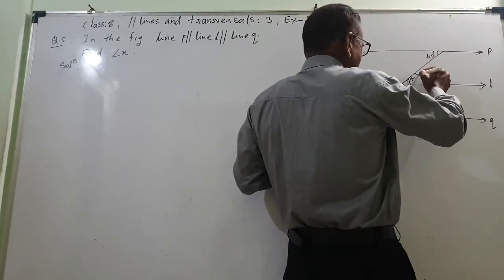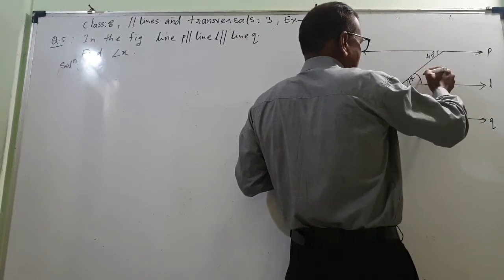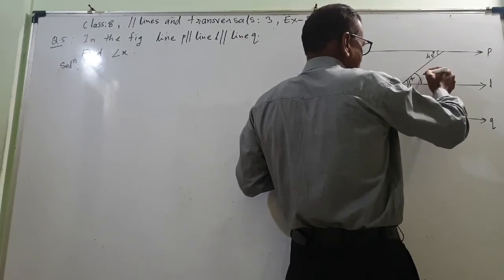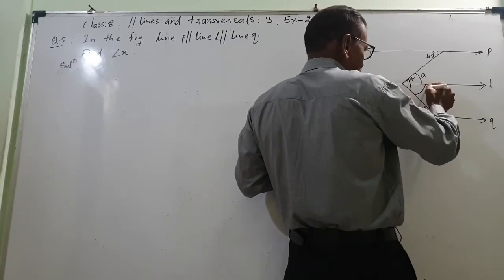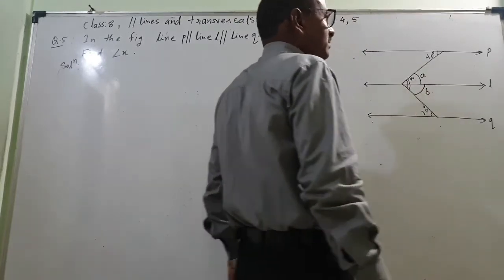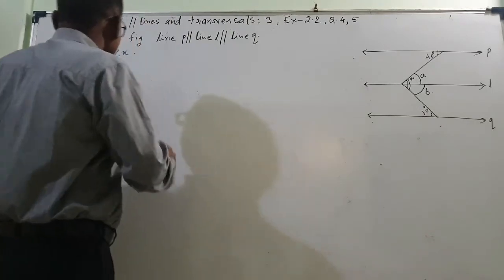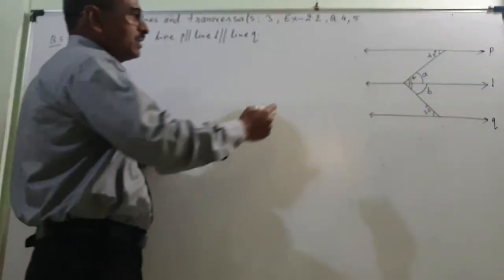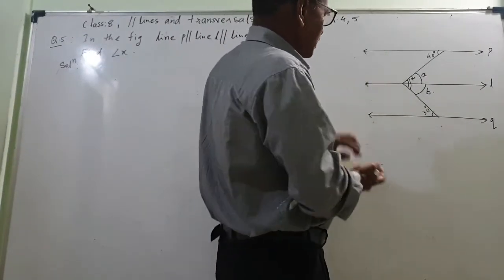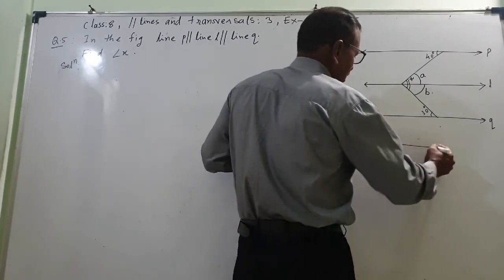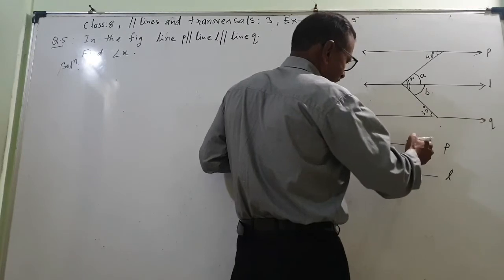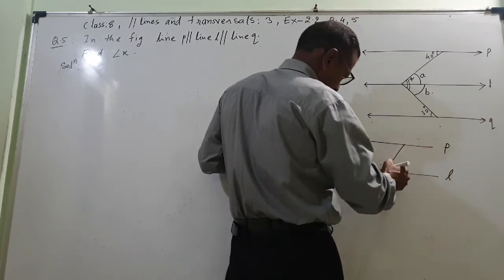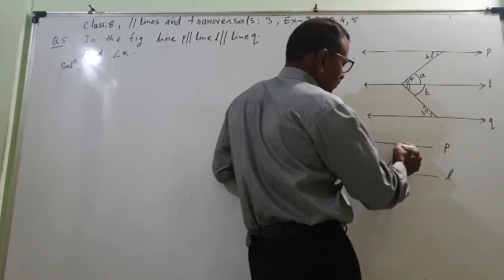Let us call this angle, say suppose A, this angle as B. So see this, consider only these two lines. This is line P, this is line L, and this way it is the transversal. This is 40 degree.